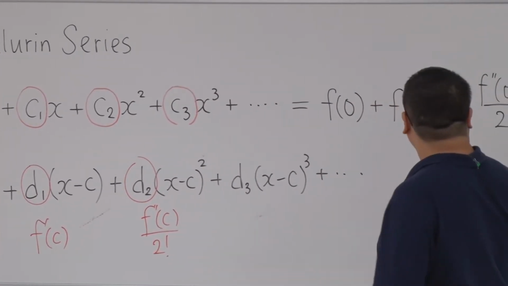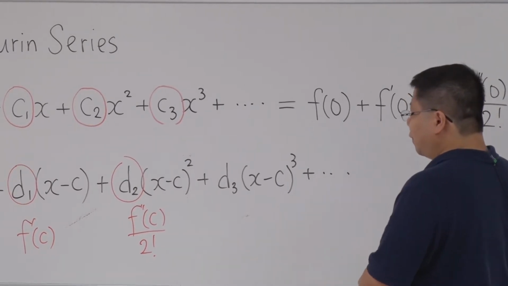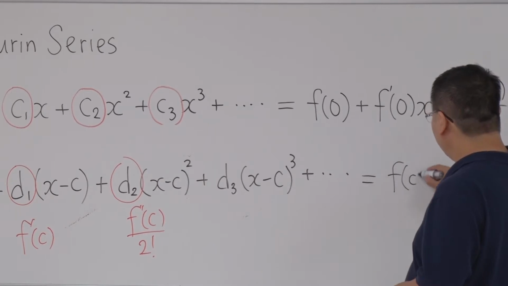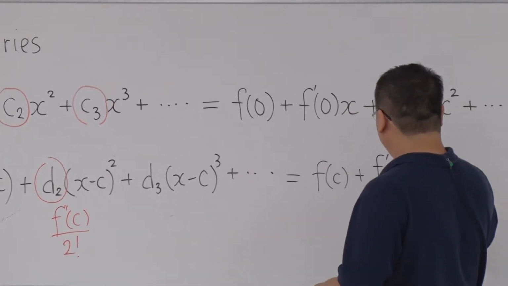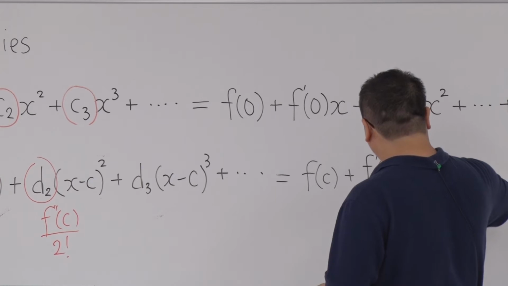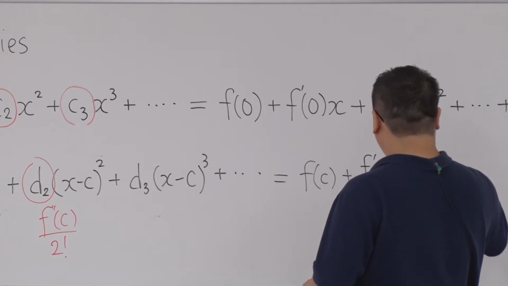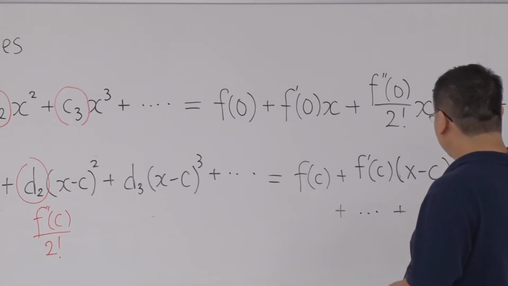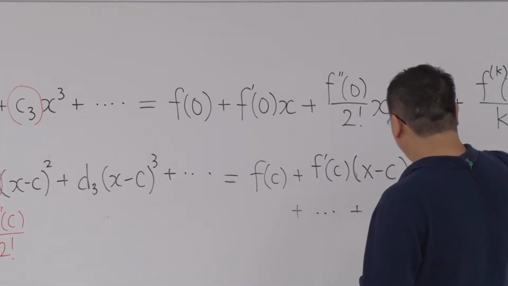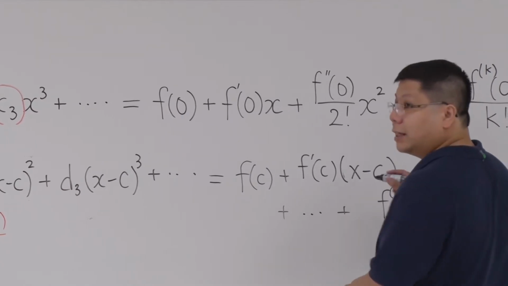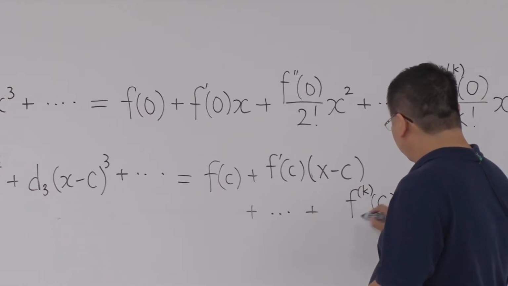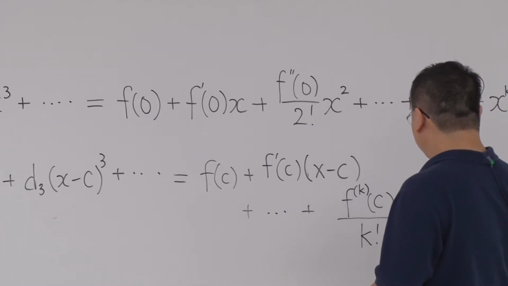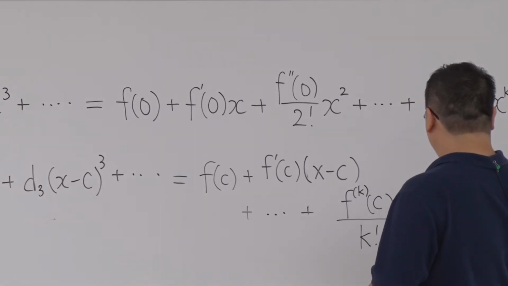So in the end, for the general Taylor's expansion, we get f of c plus f prime c times x minus c plus dot dot dot, and in general it is f, you differentiate it k times, you substitute x is equal to c there, divided by k factorial times x minus c to the power k, dot dot dot.